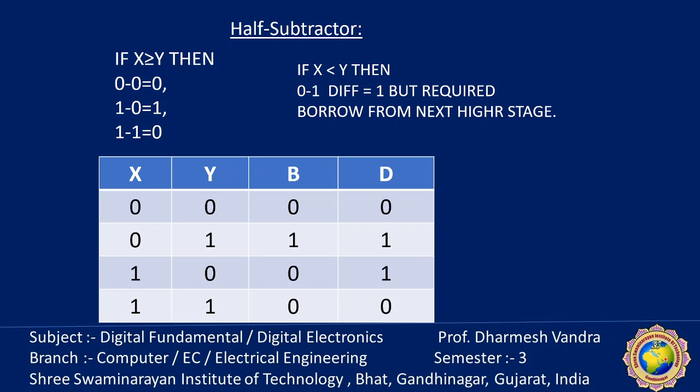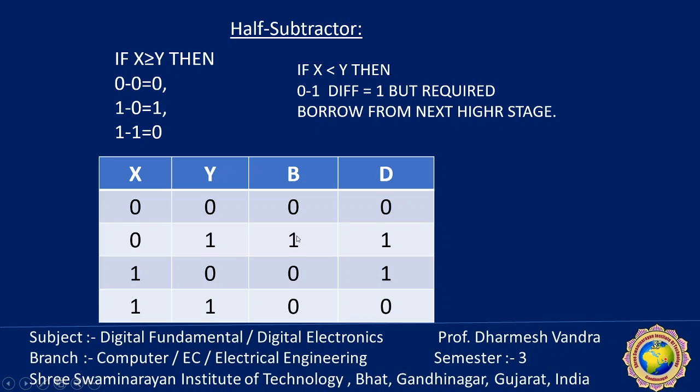So this is the truth table. 0 minus 0, the difference is 0. 0 minus 1, the difference is 1. 1 minus 0, the difference is 1. And 1 minus 1, the difference is 0. The only thing is that if x is 0 and y is 1, one borrow is required.